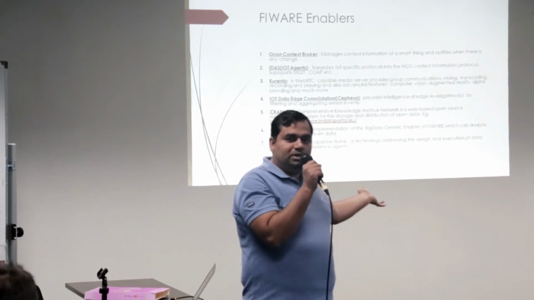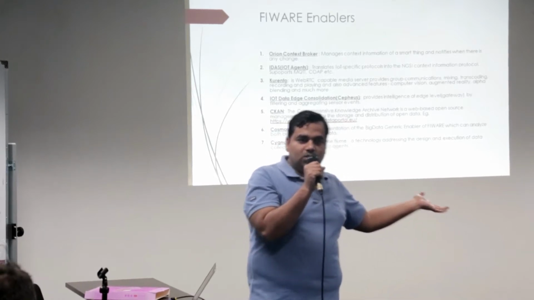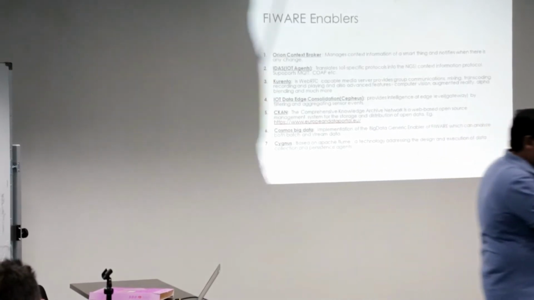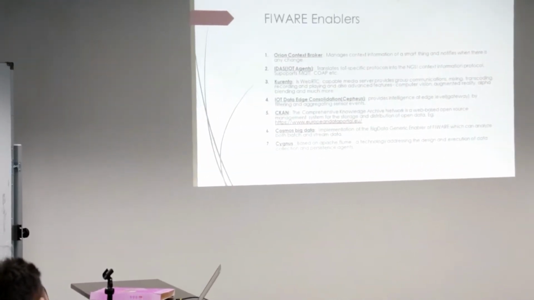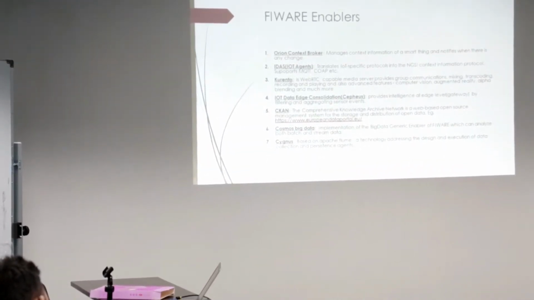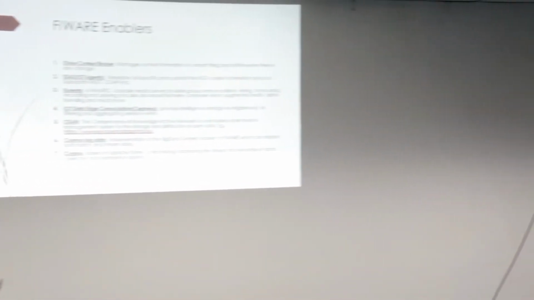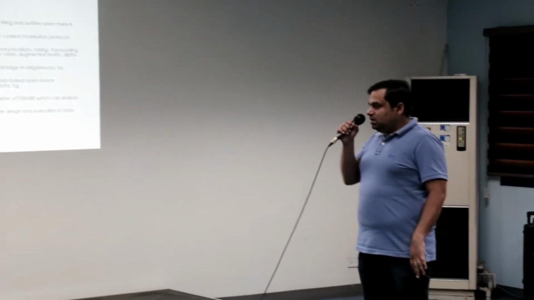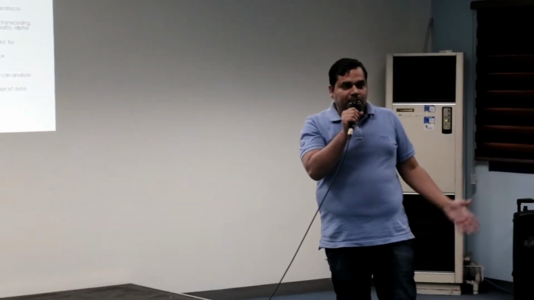So there's a Cosmos Big Data enabler which is based on Hadoop. Sorry if I'm blocking the view. So you can plug in historical analysis for both CKAN and Hadoop at the same time, and you can apply some kind of map reduce or whatever you use.